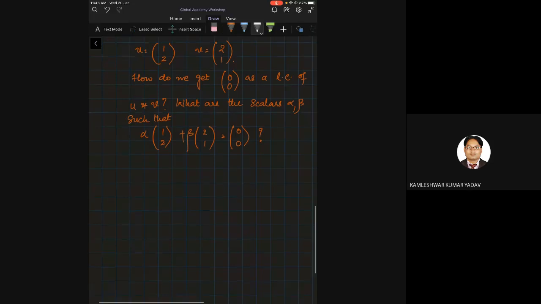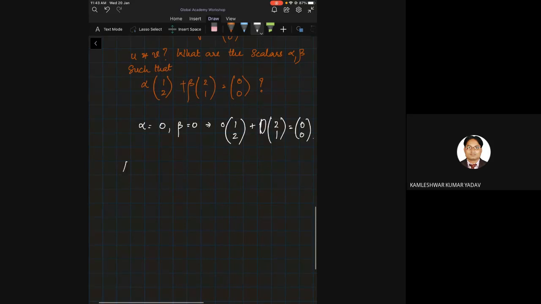So there's one answer. It says alpha is equal to 0, beta is equal to 0, implies 0 into (1, 2) plus 0 into (2, 1), which gives me (0, 0). Yeah, that's brilliant. Any other values? So the question is, are there any other values?